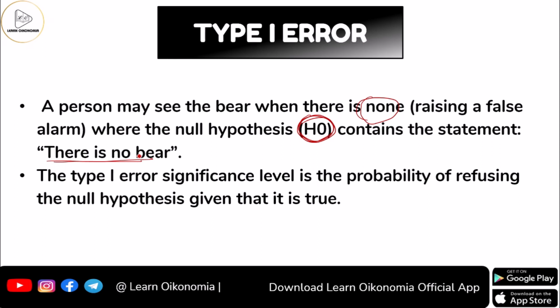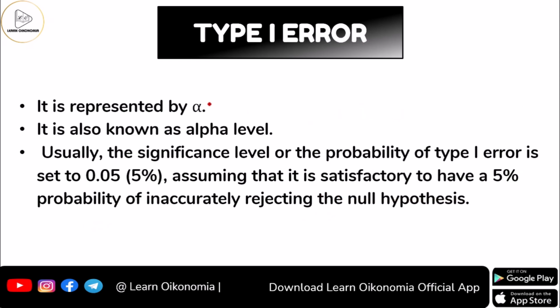Okay, so this kind of type 1 error, this kind of approach that you take, will give you something called the significance level, and this significance level is the probability of refusing your null hypothesis even though it is true. Okay, you know that this is the case, but you are rejecting a true case, and this is being represented by a Greek letter alpha.